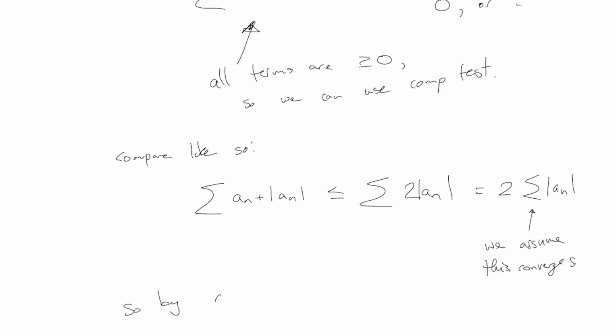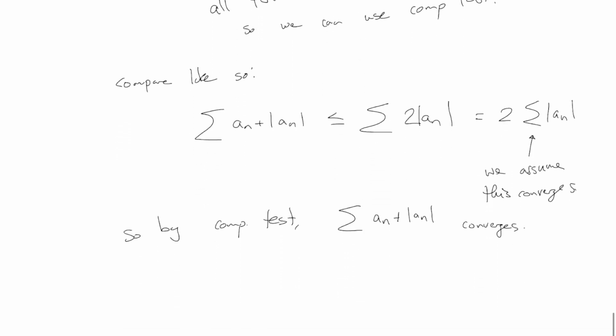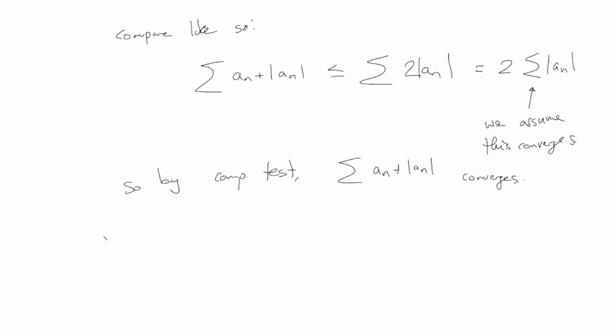So by the comparison test, this one on the left side also converges. The sum of an plus absolute value an converges. And it actually adds up to something. So this is less than 2 times the sum of absolute value an.